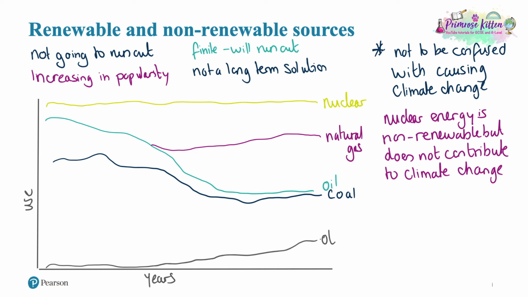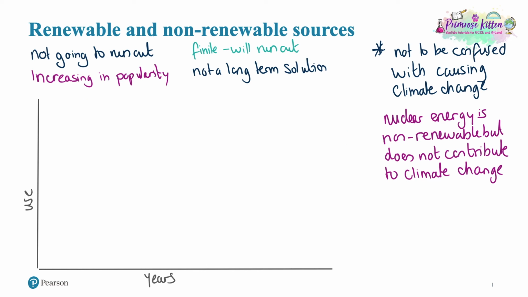And we can see other sources are getting more and more popular. If we now look at the use in renewable energy sources, you will see each of them is increasing. Some of them are more recent than others.